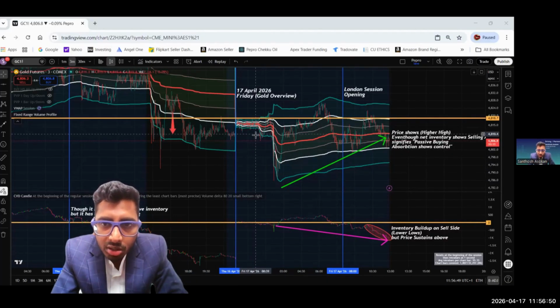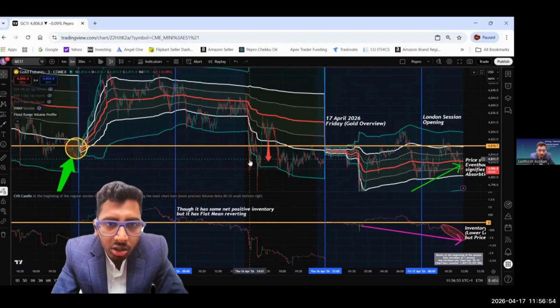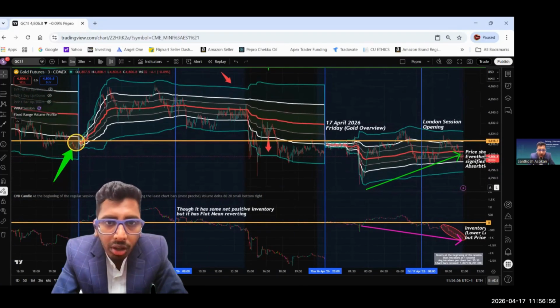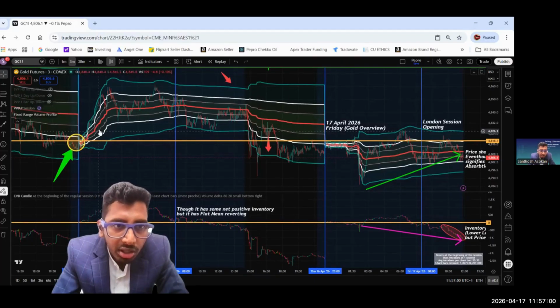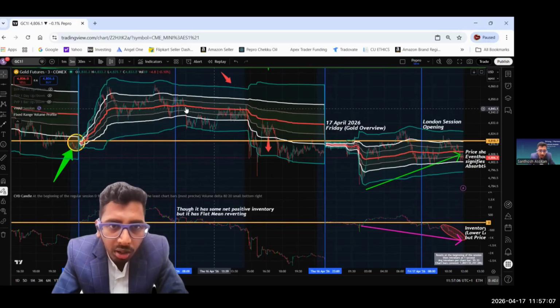Before moving on to today's price action, let me give a short explanation about what happened yesterday. After seeing some initial overnight steep move on the upside, I could see this flat VWAP curve, which shows a mean reversion trade setup.